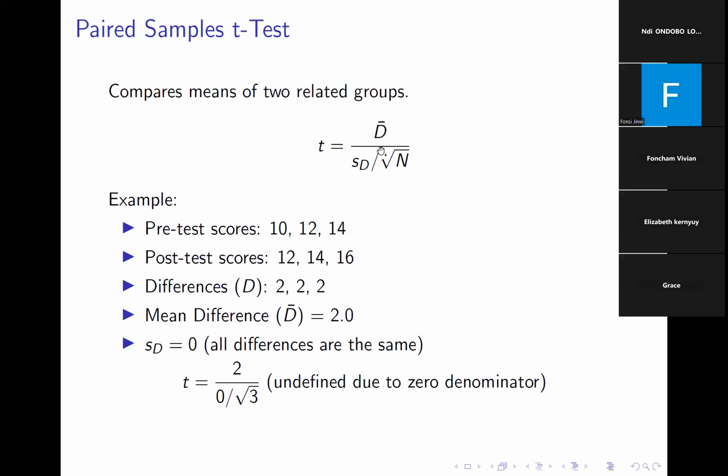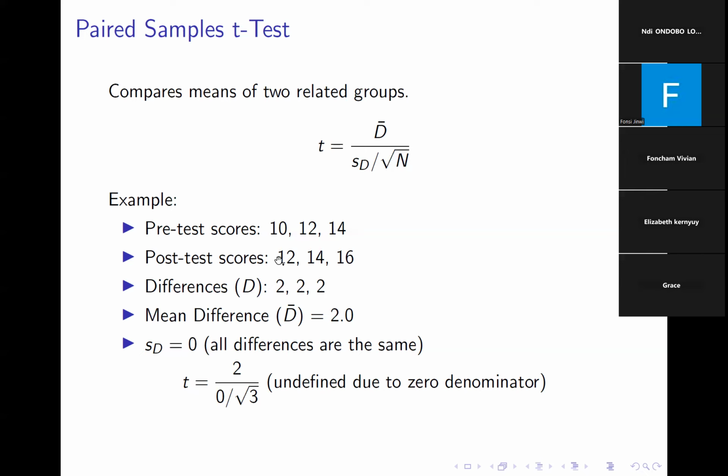So to calculate the t-test in that case, you would take the mean of the differences. So you calculate the differences between the corresponding pairs and take the mean. And the differences between the corresponding pairs simply mean that for the same student in the pre-test score in this example, you take the difference between their score in the pre-test and the post-test.